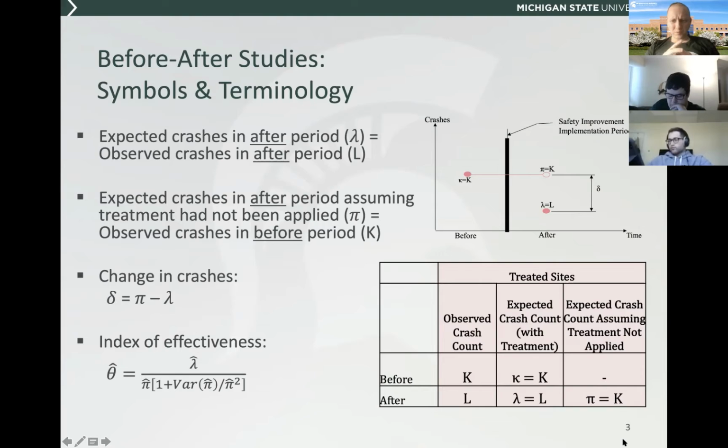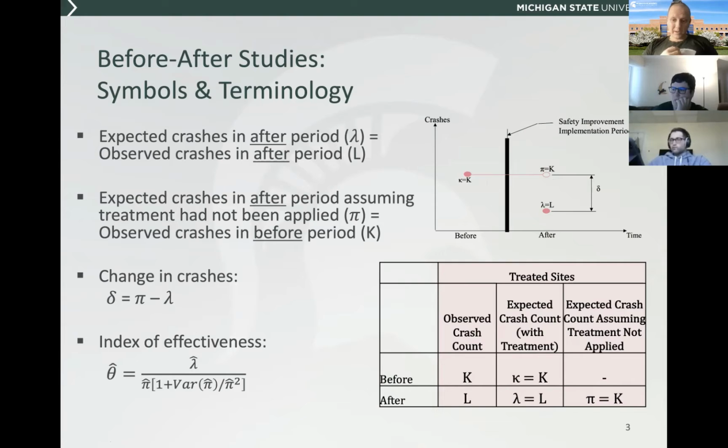From a big picture perspective, as we discussed previously in setting up the evaluation framework, the simplest study would be a naive before and after. In that circumstance, we've got some site or sites where a treatment has been applied, and in lieu of any other information, our best guess as to how many crashes we would have seen after that treatment, but in the absence of the treatment, is whatever number of crashes we experienced during the preceding period.